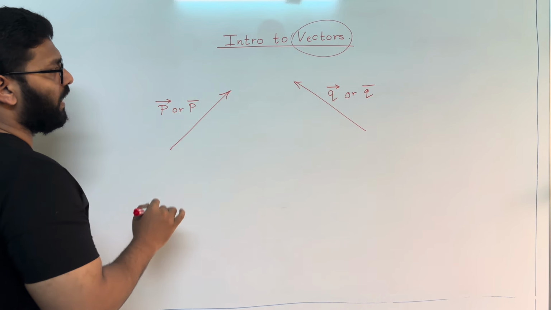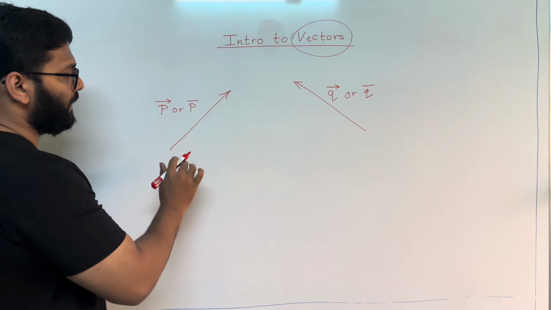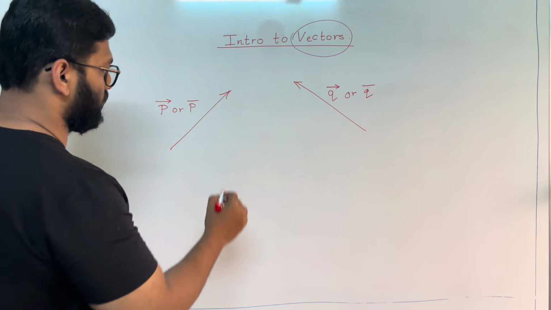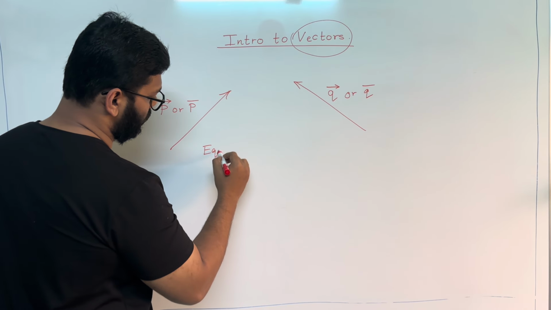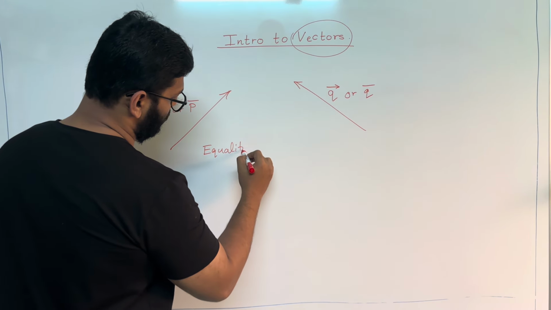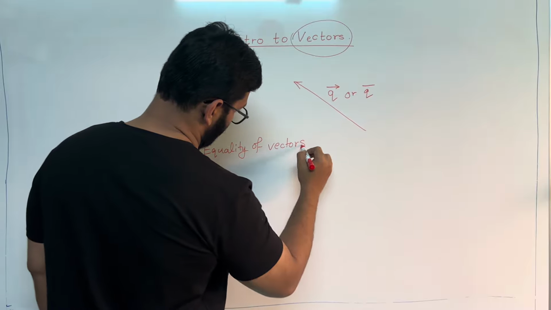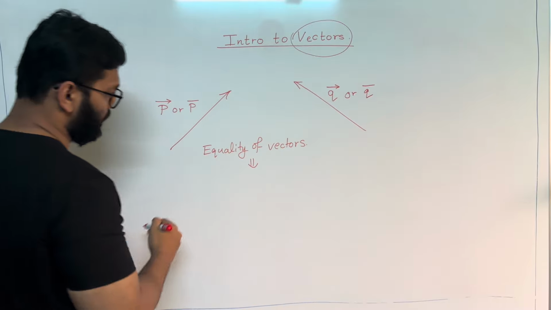Now two vectors are said to be equal if their magnitude and the direction both are equal, right? This is called equality of vectors. What do I mean by equality?